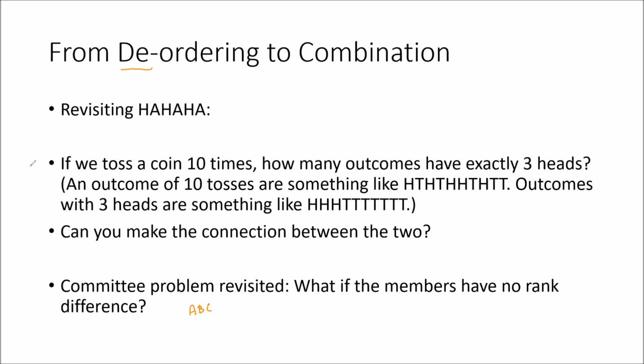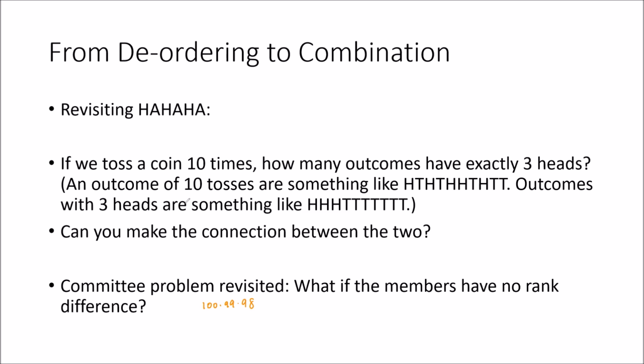So at the beginning, you assume that there's a rank difference. Oh, we did that. With the rank difference, you have 100 times 99 times 98. But then the order of these 3 people doesn't make any difference in terms of the committee if there's no rank difference. So you're going to deorder them.